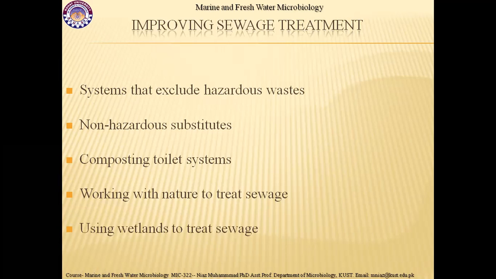Using wetlands to treat sewage is also a very effective strategy to treat waste material, because wetlands have plants that can accumulate toxic and hazardous chemicals in their biomass, keeping this hazardous biomass away from the environment and human usage for a longer term.